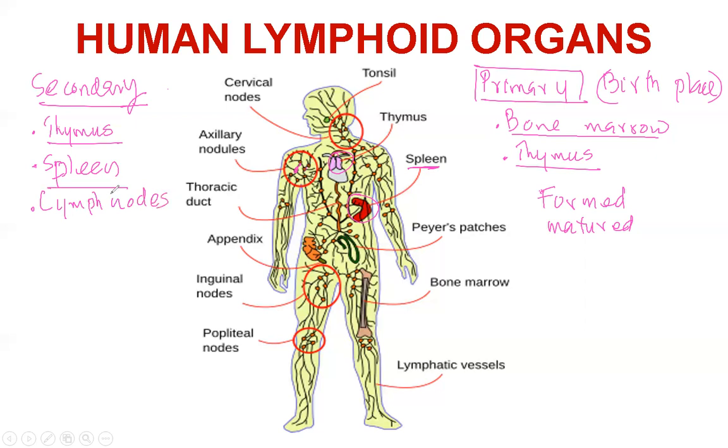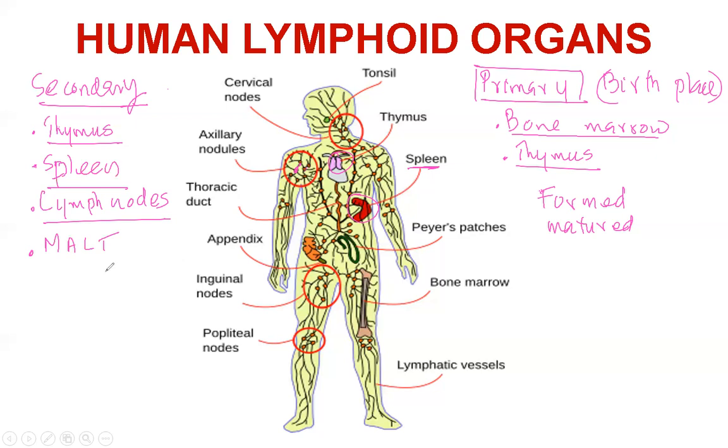In the lymph nodes and the spleen, the lymphocytes are stored and the antigens are filtered. So when the antigens come there, the lymphocytes interact with the antigens. One more secondary lymphoid organ is called MALT.